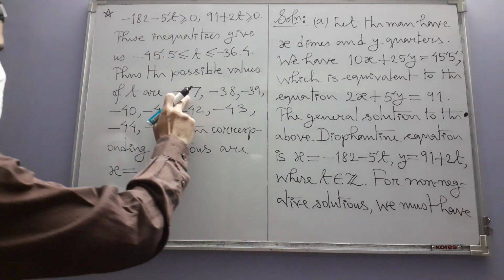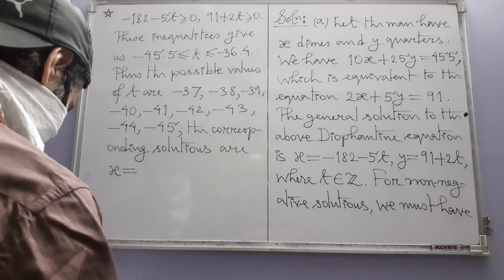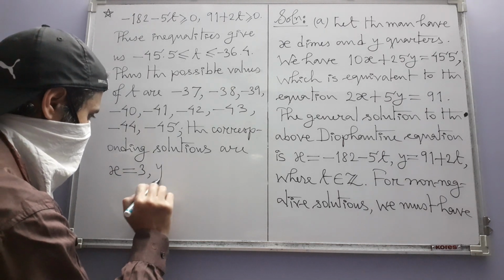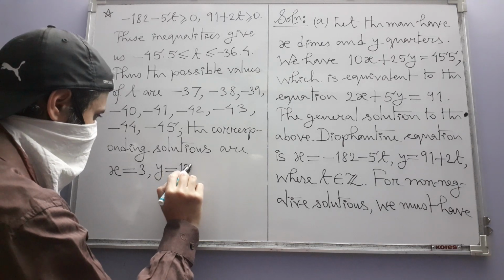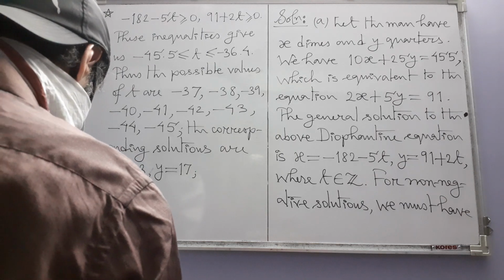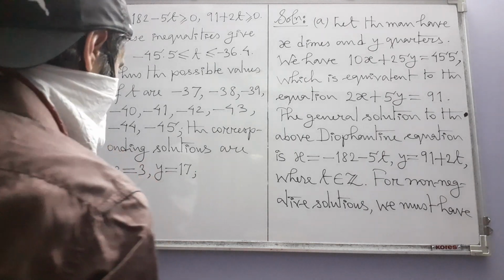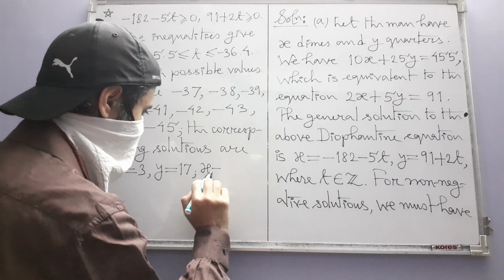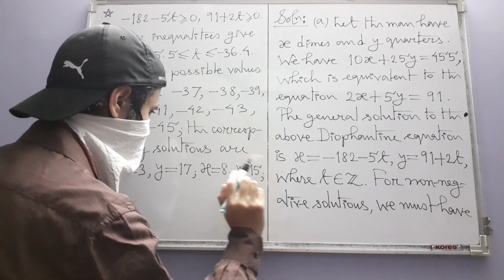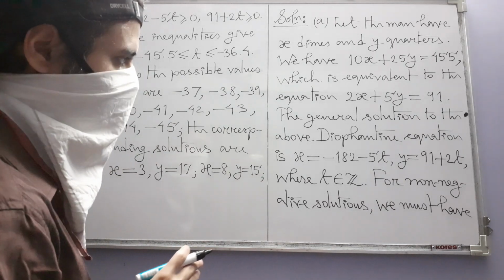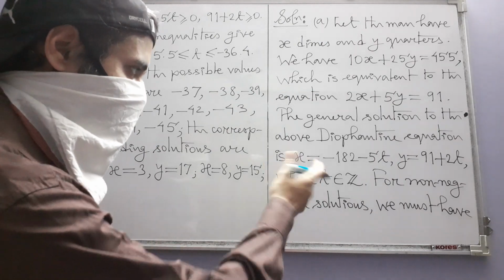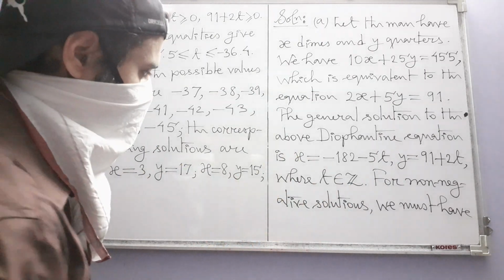For example, if you put t equal to minus 37, then you are going to get x equal to 3 and y equal to 17. Then if you put minus 38, you are going to get x equal to 8 and y equal to 15. Because these are numerical values, you know what I want you to do. You verify that these things are actually correct numerically.